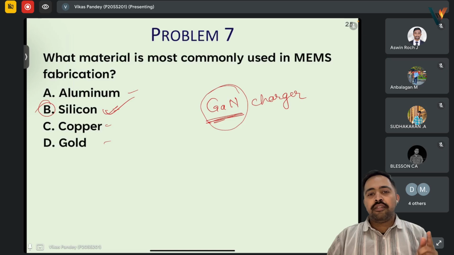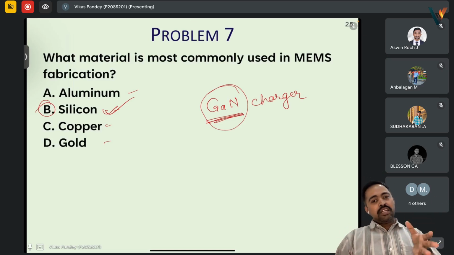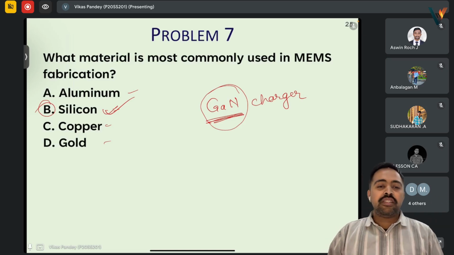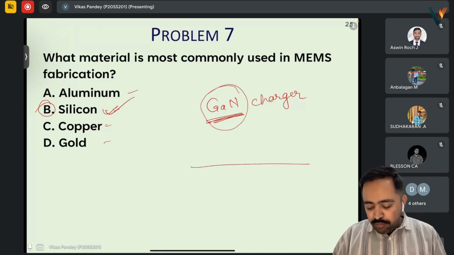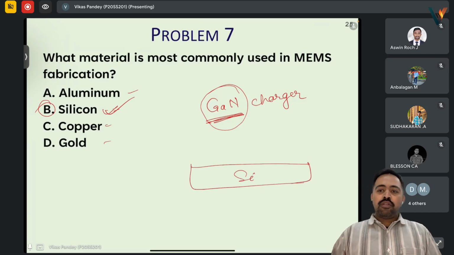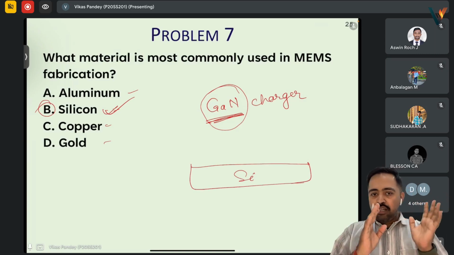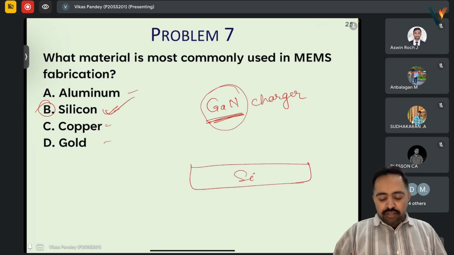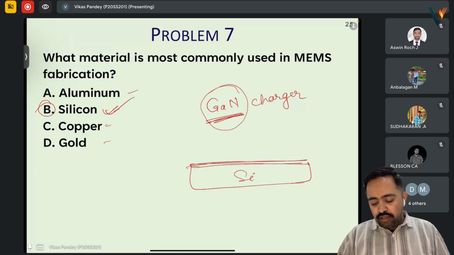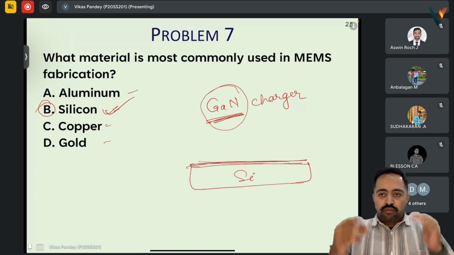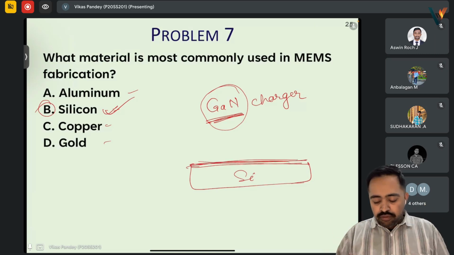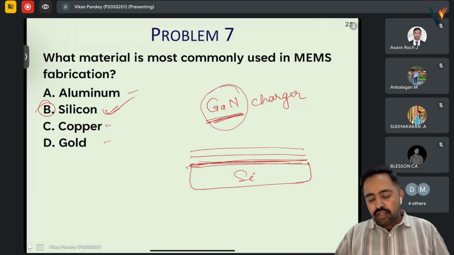But still, if you get deeply into it, you will see that this GaN is deposited over a silicon substrate only. Because the silicon technology is well developed, we take silicon first and over it we deposit GaN. And we don't directly deposit GaN, we first deposit some other layers so that it will match perfectly and then GaN on the top.